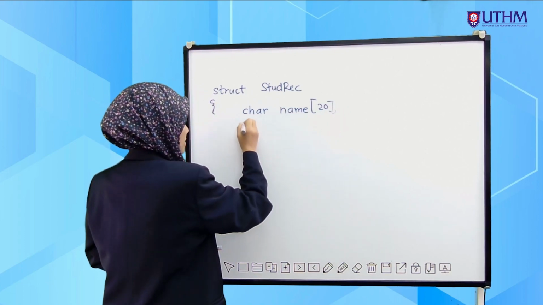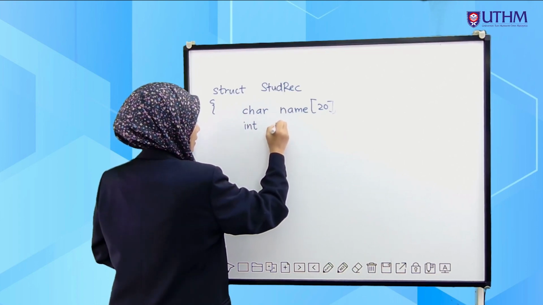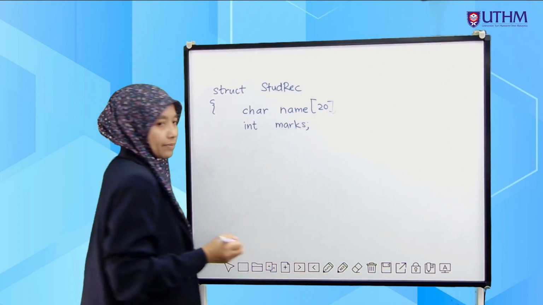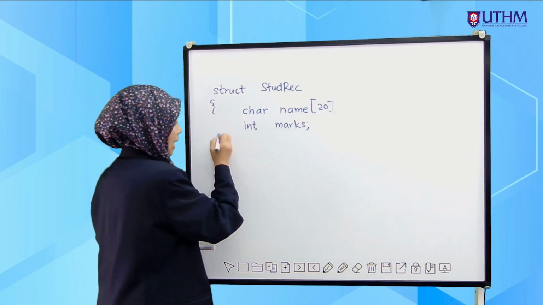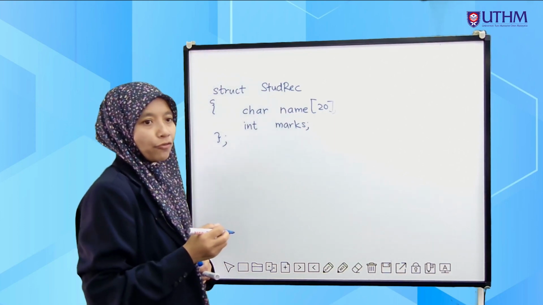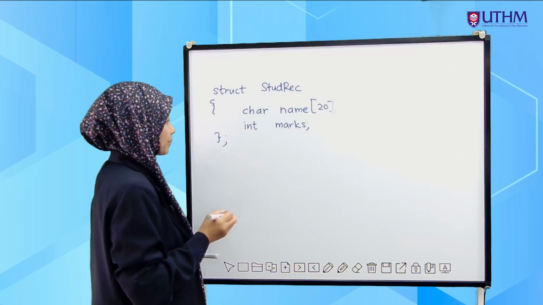And for the marks, the data type is integer, and the name is marks. So now we already have a struct declaration with two field members, name and marks.